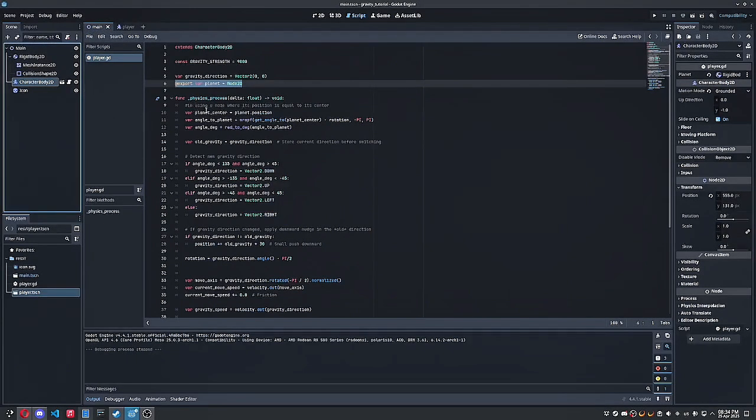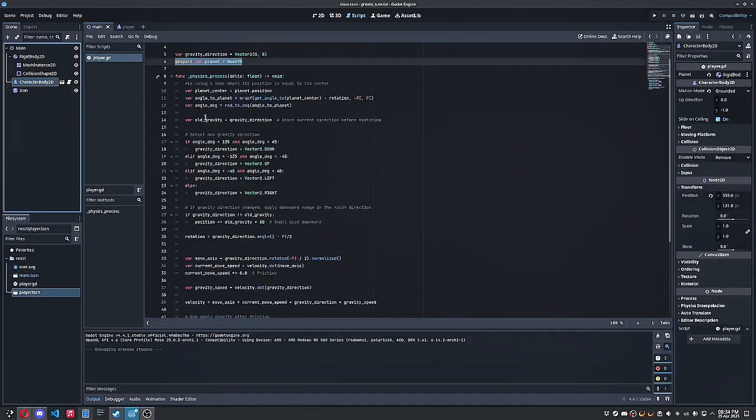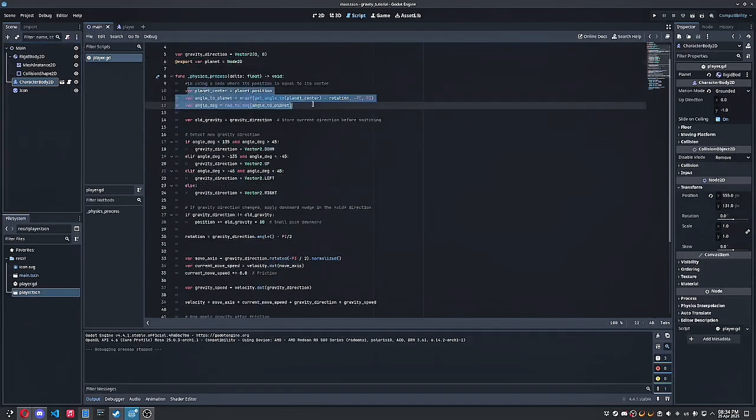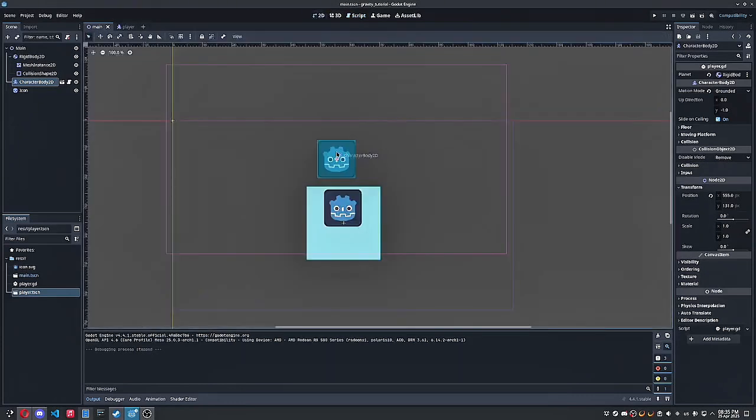Next we have our physics process function, and at the top we have these. And the best way I can explain these bottom two is magic, basically. But a more in-depth explanation is that this converts where the player is relative to the planet.